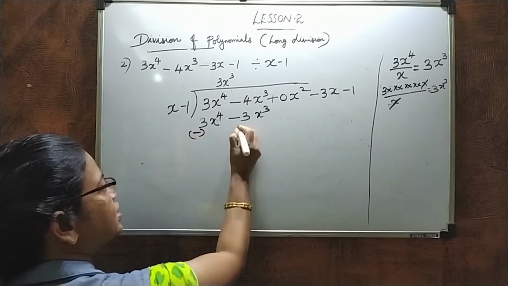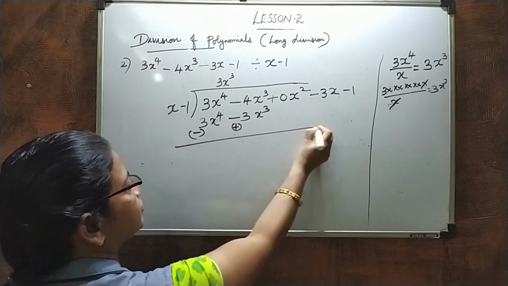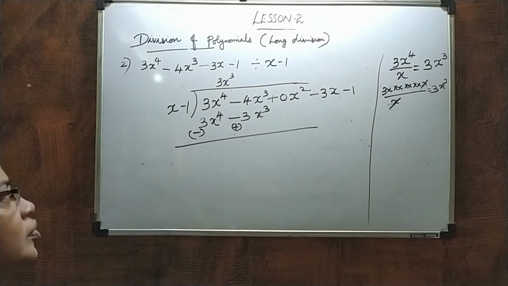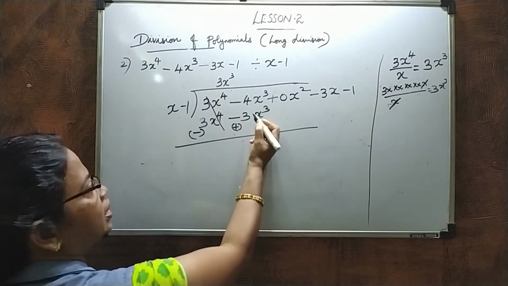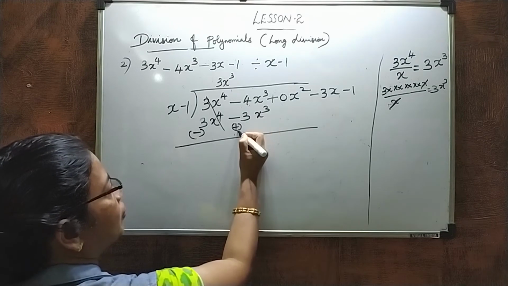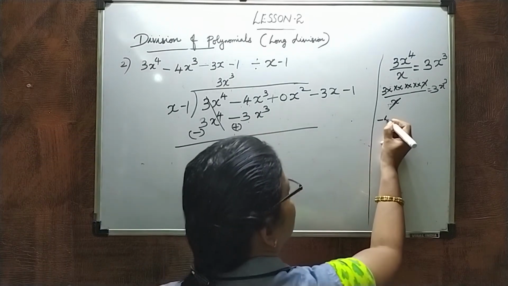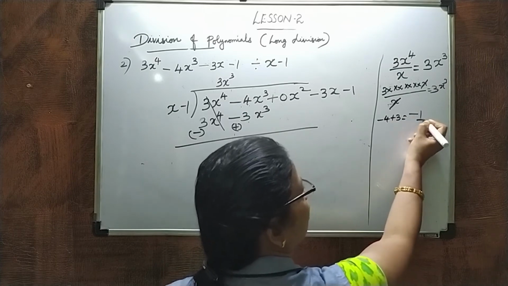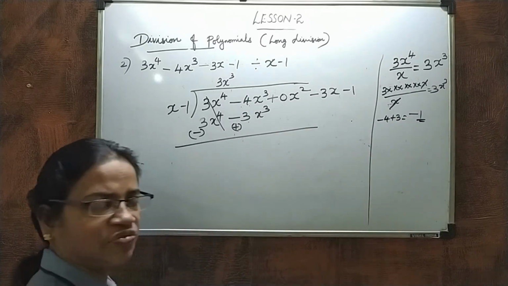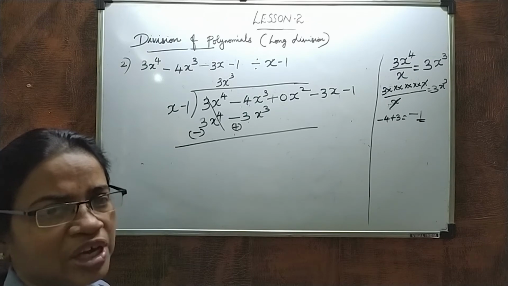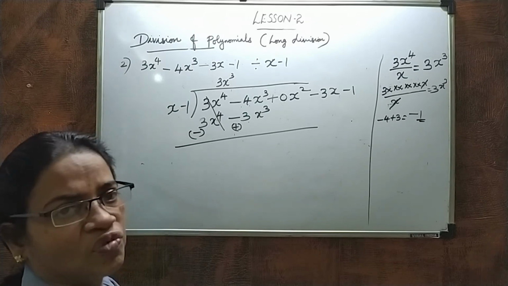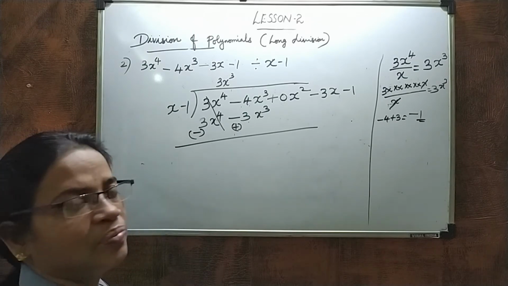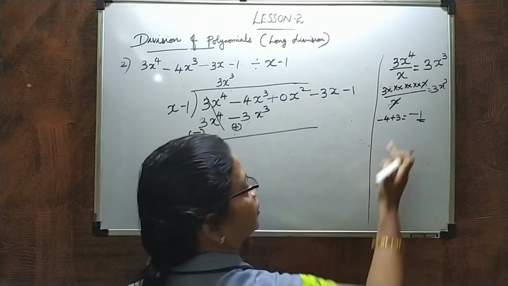Then take the additive inverse and add. Here it is cancelled. Negative 4 plus 3. What will you get? Negative 1. Addition with different sign: subtract and put the bigger one's sign. Subtract 4 minus 3, you will get 1. Bigger one's sign, negative sign.